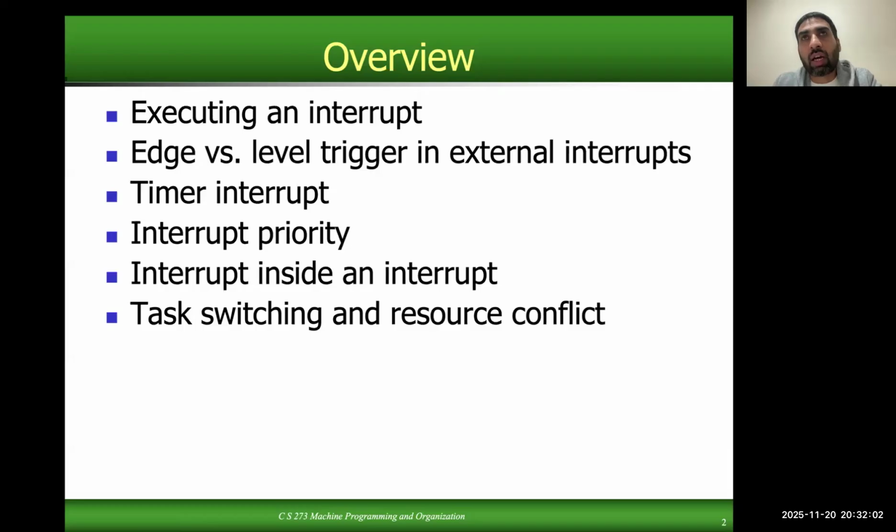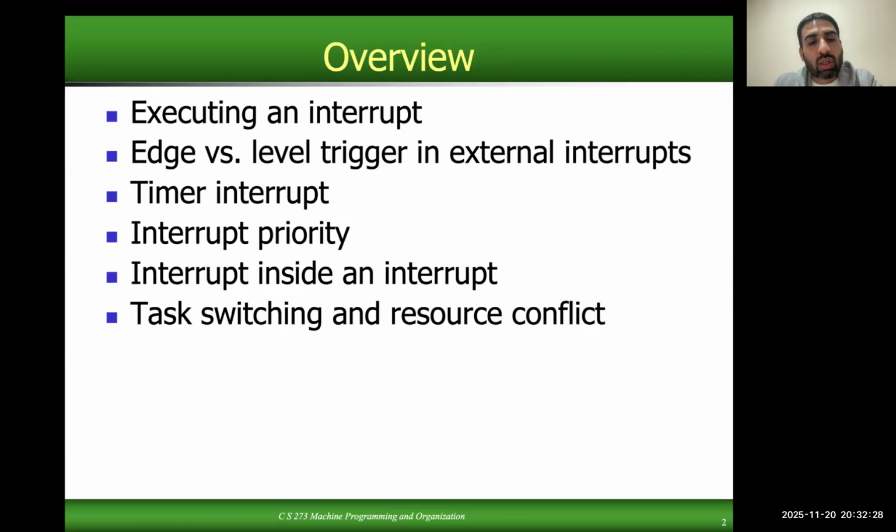Now, let's say I have configured timer 0 to raise an interrupt when the overflow happens, and I have configured timer 2 to raise an interrupt when the value of the counter register becomes equal to one of the output compare register values. So it means I have configured and enabled two interrupts.